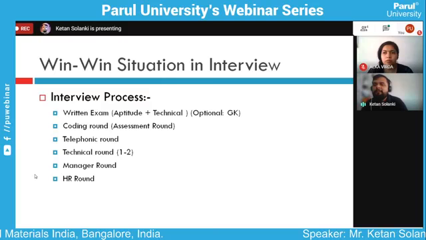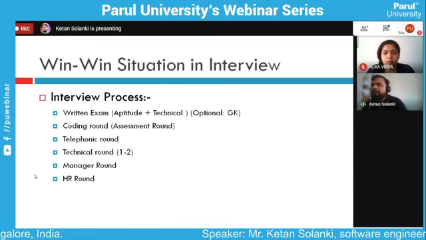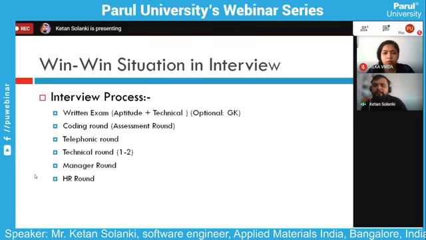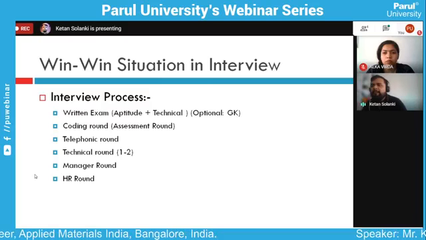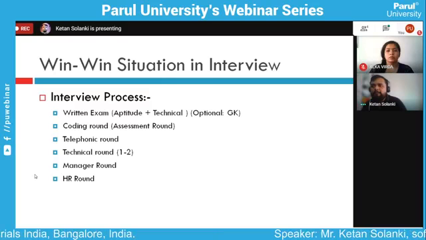And why it comes third here is, if you are applying for a position, and on the first day you have a written exam and the second day is your interview, then the telephonic is the intermediate one. After securing the coding round, they will call and ask a brief question, and then call for the technical round.